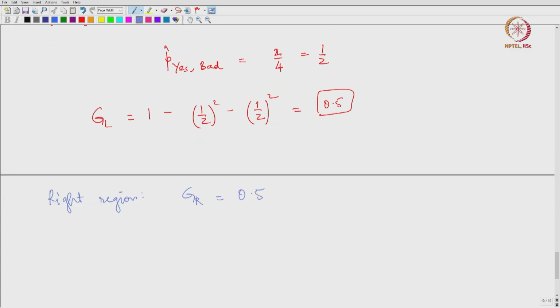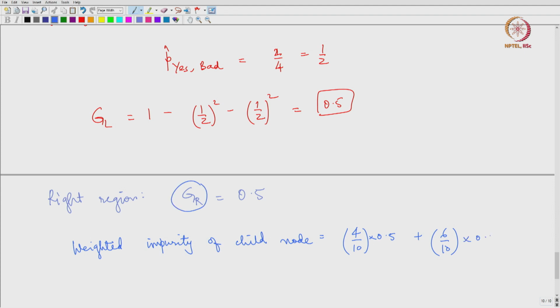So, then when you find the weighted impurity of the child node, that will be 4 out of 10 points in the left region with 0.5 plus 6 out of 10 points in the right region with also an impurity 0.5.